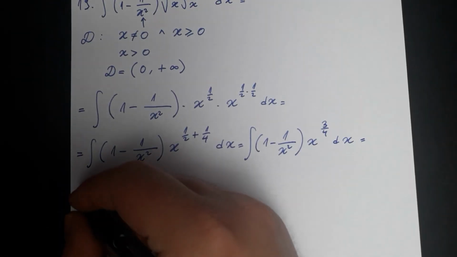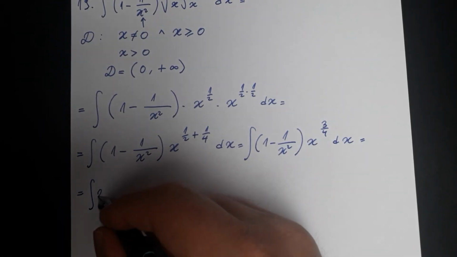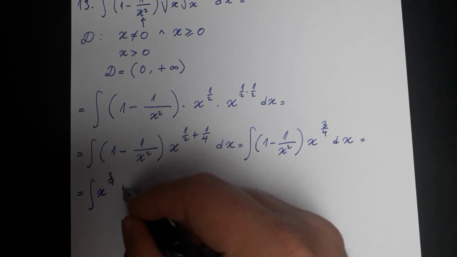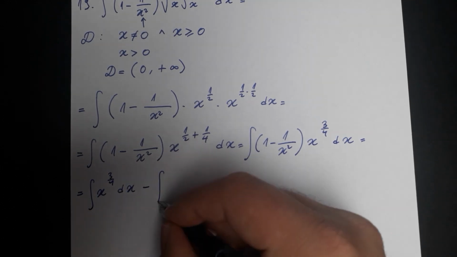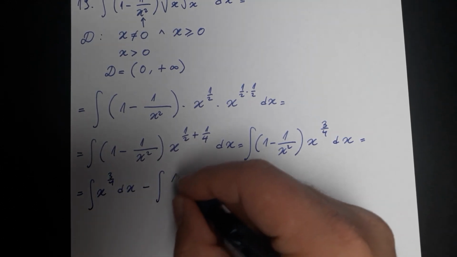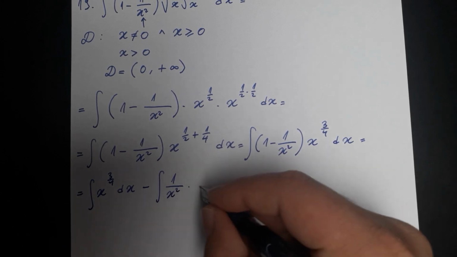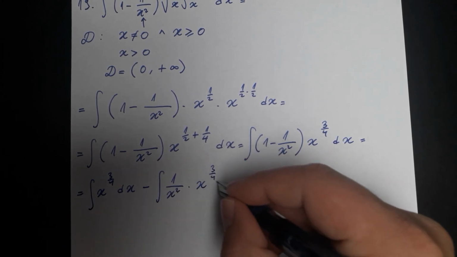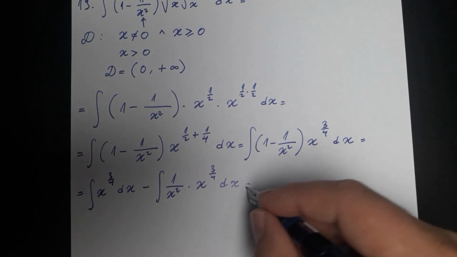This is then equal to an integral of x to the power 3/4 dx minus an integral of 1 divided by x squared times x to the power of 3/4 dx.